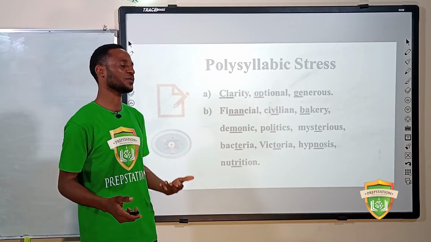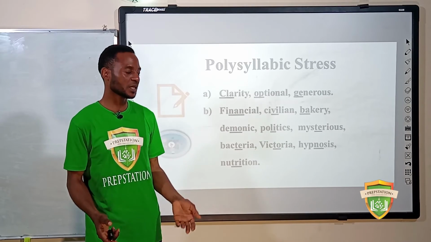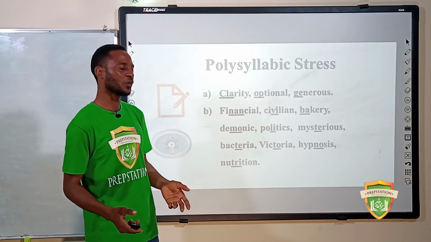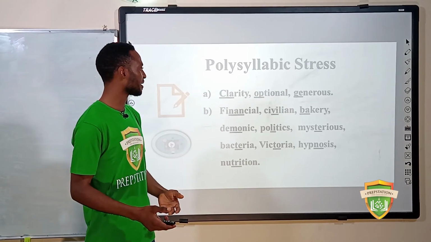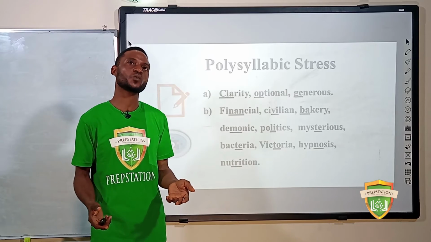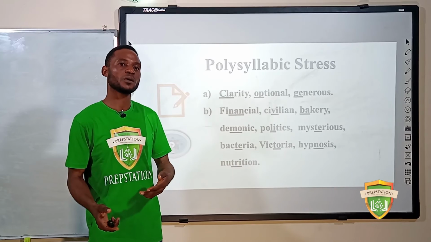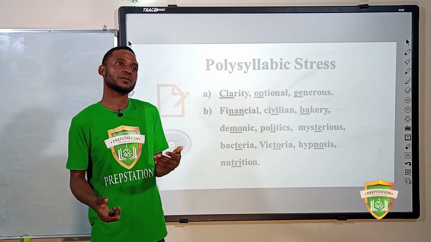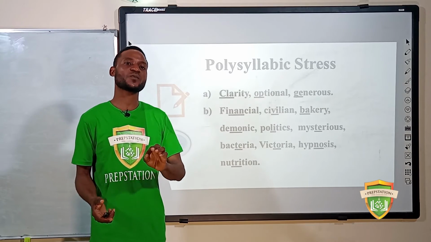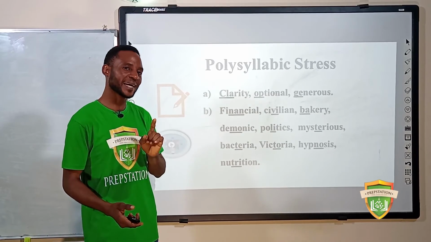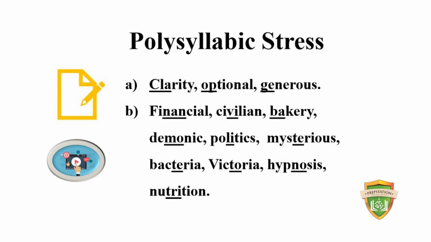But then we have a lot of issues when it comes to polysyllabic words, where you have more than two syllables, three and above. You have to rely on suffixes, word endings. And if the word ends with Y, probably TY or PHY, or other suffixes that end with Y, the primary stress falls on the third syllable, counting from the end. For example, you have clarity.